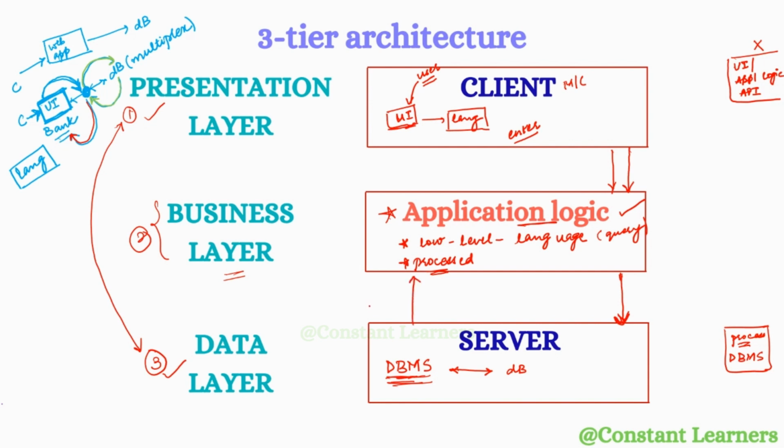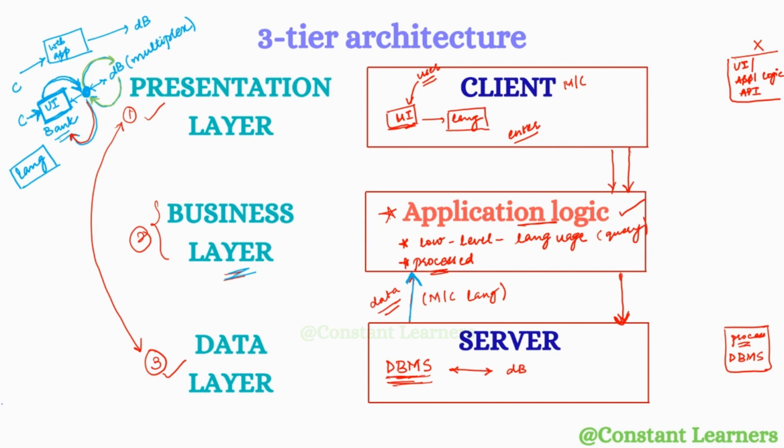All right. The database server sends the data or the request that the business layer had made back to the business layer. Now, once the data has been received from the database server into the business layer, the data is in the form of a language that only machines can understand. It is in a low level language.